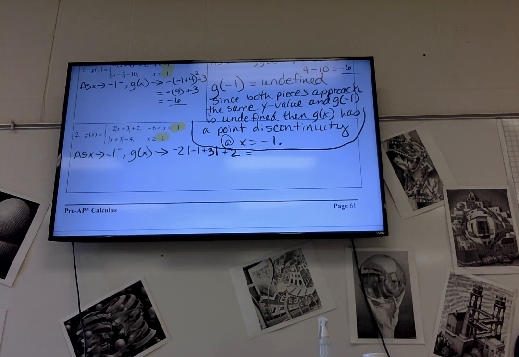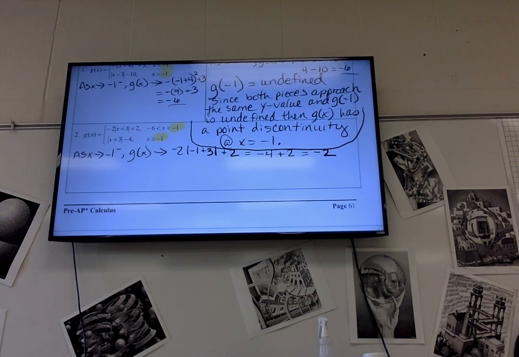Sorry, I'm trying to squeeze this in. -1 plus 3 is 2 times -2, so -4 plus 2, that should be -2. And the next part is x approaches -1 from the right. G of x approaches the second equation. So the absolute value of -1 plus 3 minus 4. That's also -2.